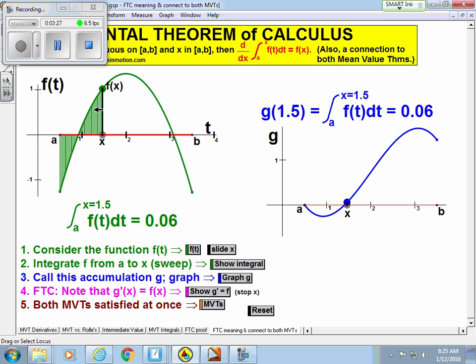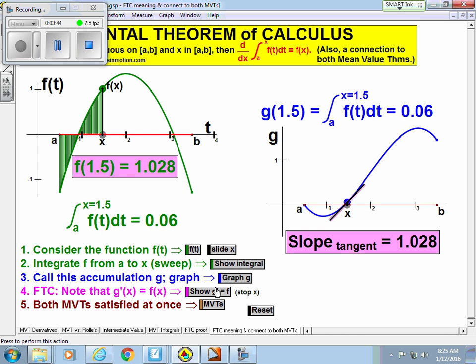So I have the integral of f of t, and I have defined that integral to be g of t, or g of x, whatever you want to call it. I could find the slope of the tangent line of g if I wished. And I want you to notice something about that slope of the tangent line.